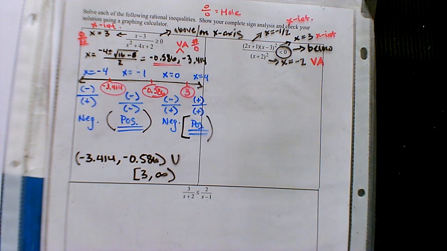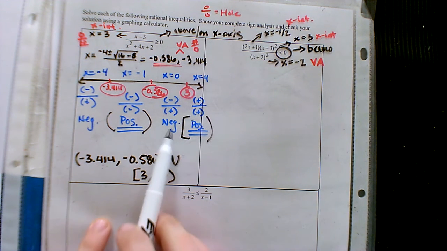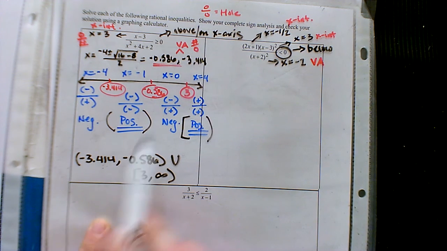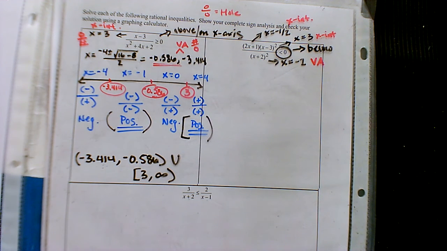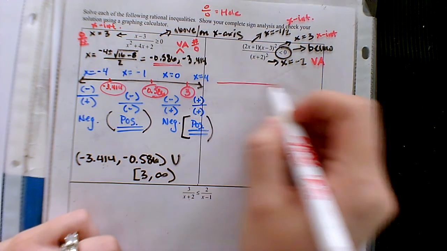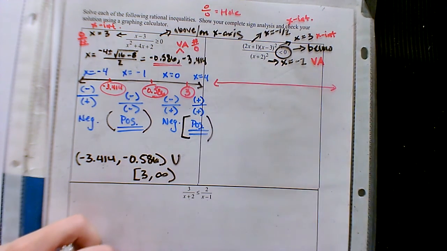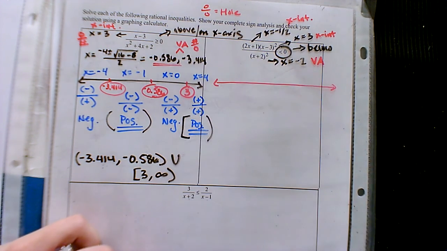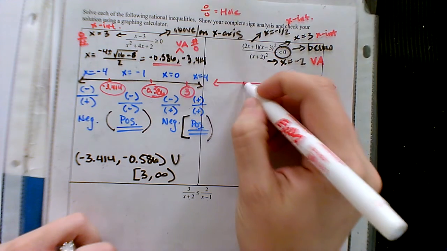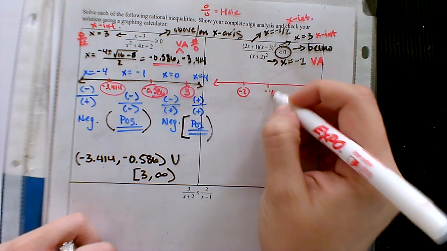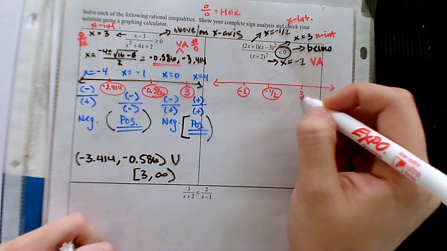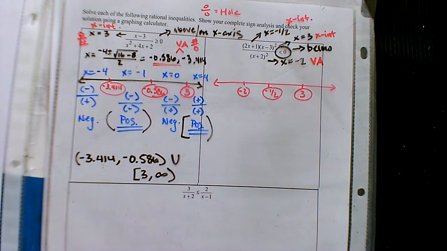There you go. Below the x-axis or negative, because we're going to have that kind of word pop up on our number line. So below or negative looks good. Let's try to figure out these intervals. We'll create our number line and break it up in order with these 3 special locations: negative 2, negative 1/2, and 3.